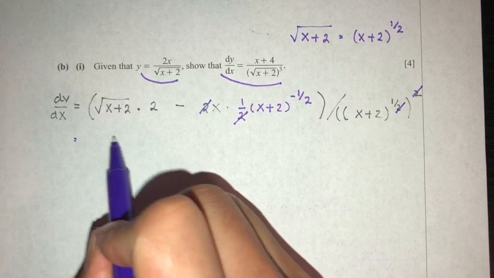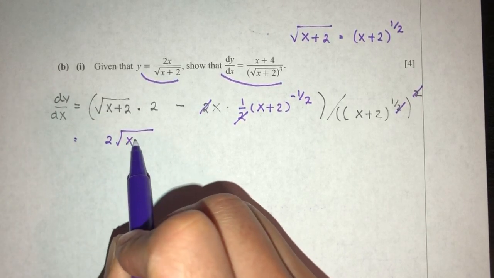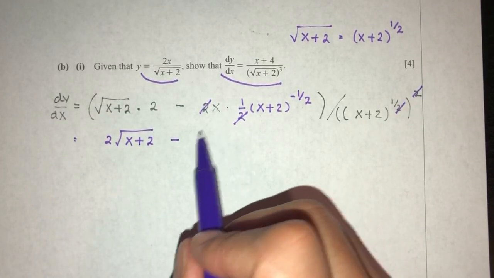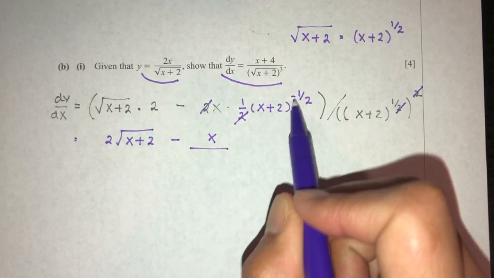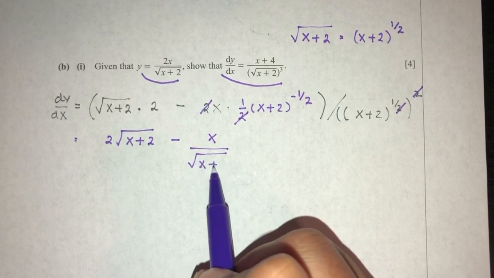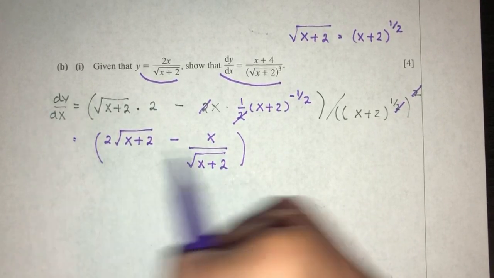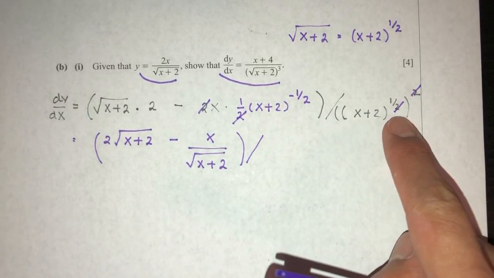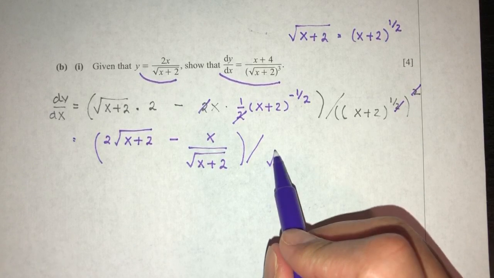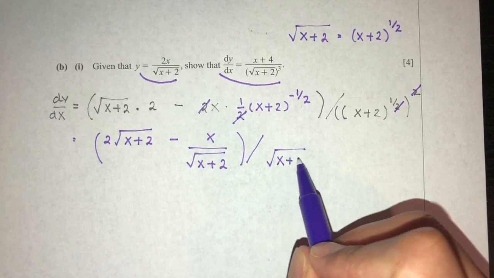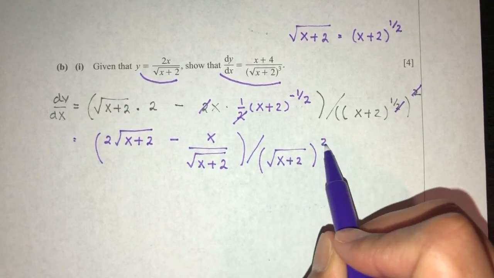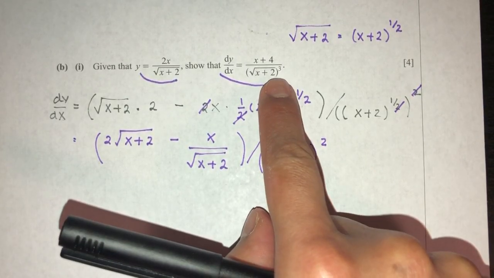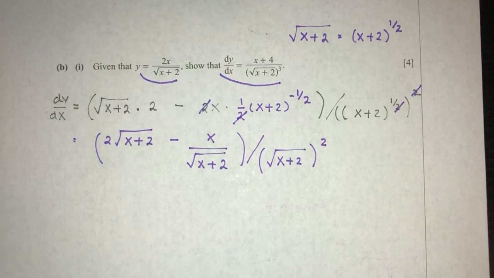So you will have 2, this plus 2 minus, that will become x on top. This will go to the base, that will be x plus 2. And of course this will be divided by, you know what, let's not simplify. We will have root of x plus 2 squared, right? The reason why I don't want to simplify is because we have to show this. That will make my life easier.